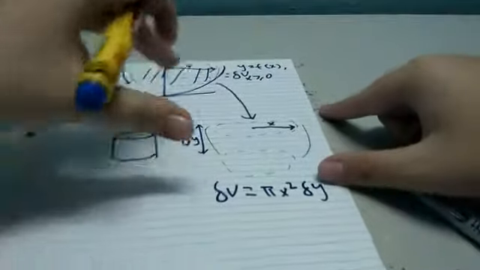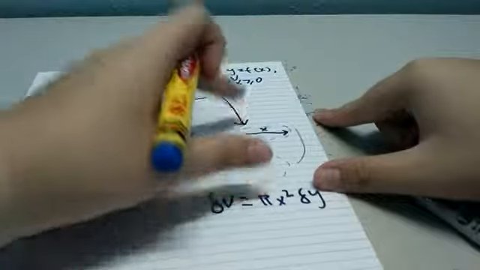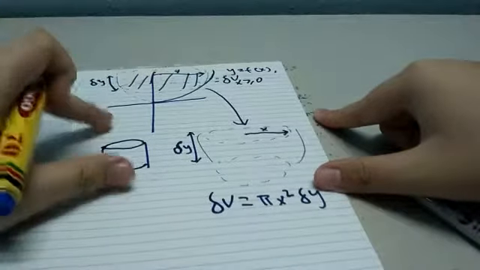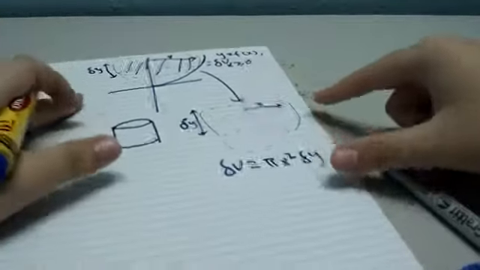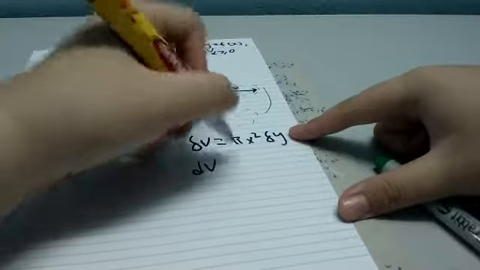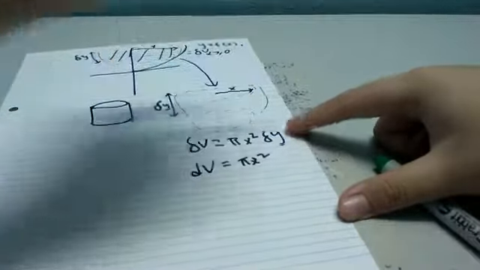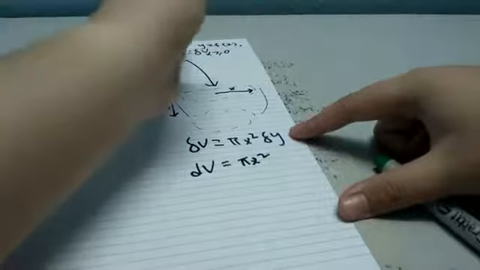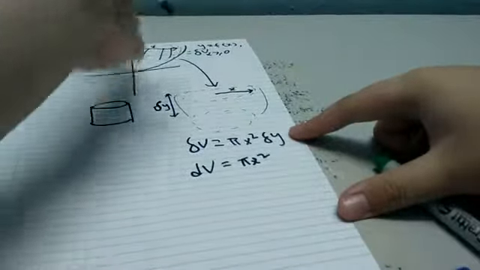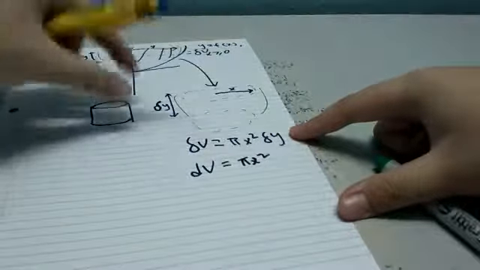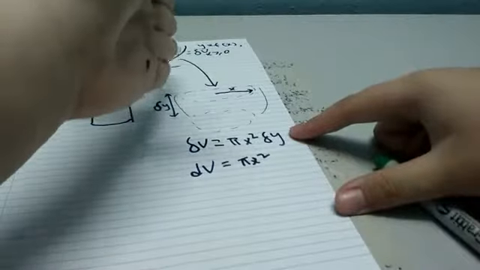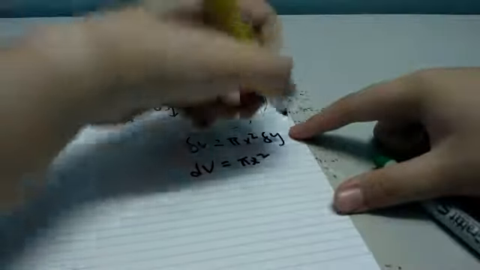So I can conclude that the volume of this partial solid is almost equal to the volume of the right cylinder. So I will write delta V is approximately equal to dV, which is equal to pi x squared. Then this delta y is also a small change from the cylinder, so I can conclude that the height of this cylinder can be equal to dy.